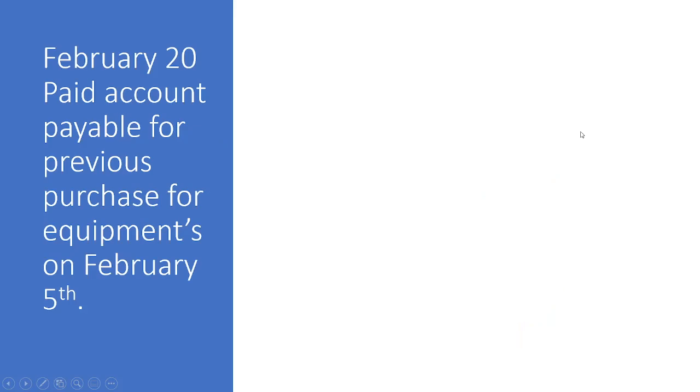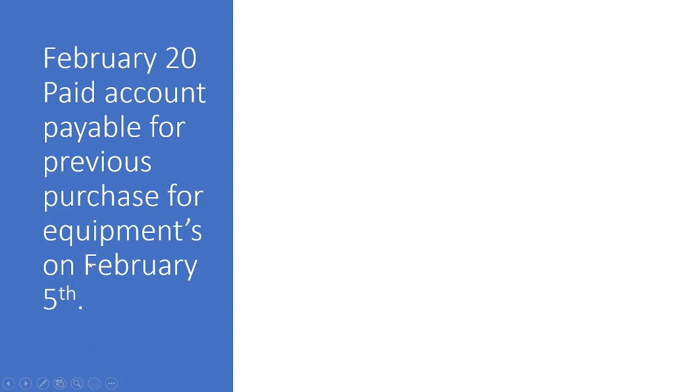Next one. February 20th, paid accounts payable for the previous purchase of equipment on February 5th. So on February 5th, we purchased equipment for £6,000, if I don't mistake. And we said we paid 2,000 and the rest would be payable later in the month, and now it's the time for later in the month.